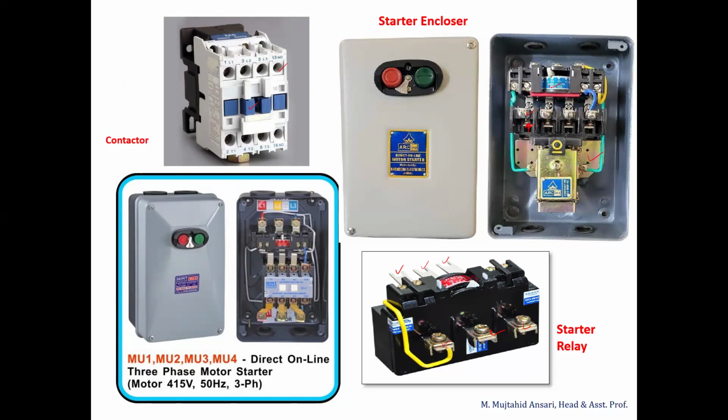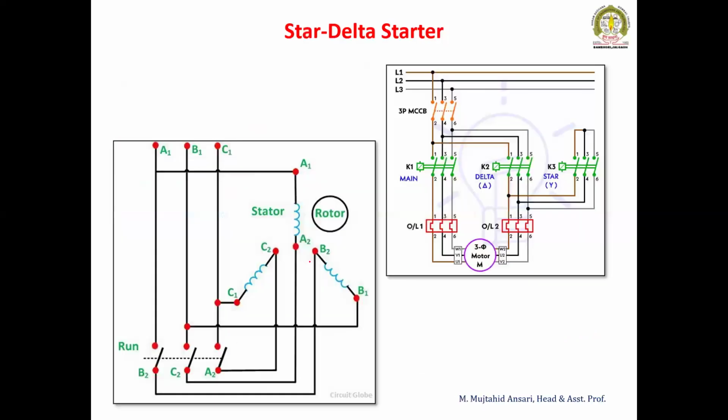This is the dial where we can set our rated current. So different types of contactors are used here for small capacity 2 HP, 3 HP motors, maybe 5 HP motors. In different starters, we use different types of contactors and relays.